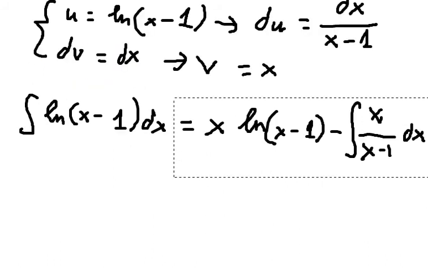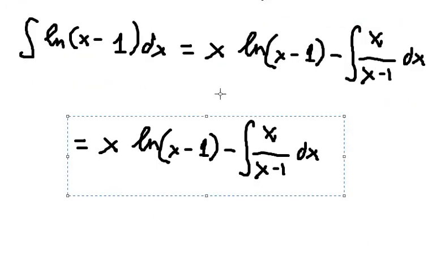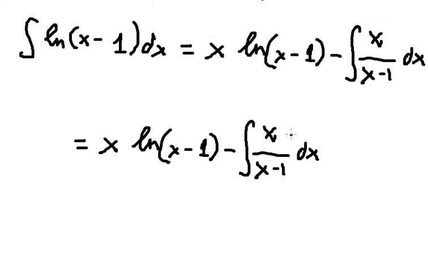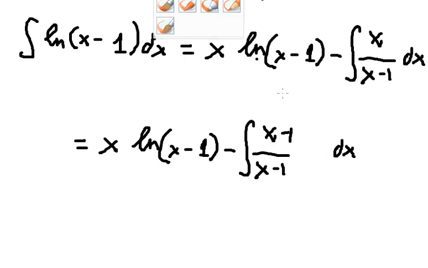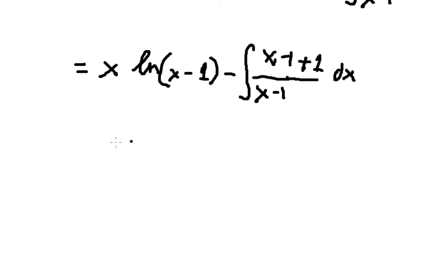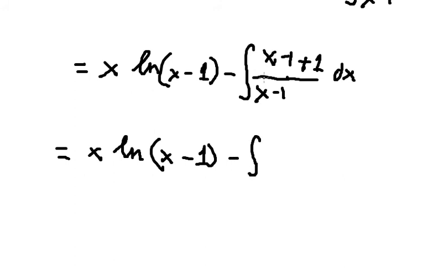Next, about this one, I will put negative number 1. Later, we add back positive number 1. s minus 1 divided by s minus 1, we have positive number 1.